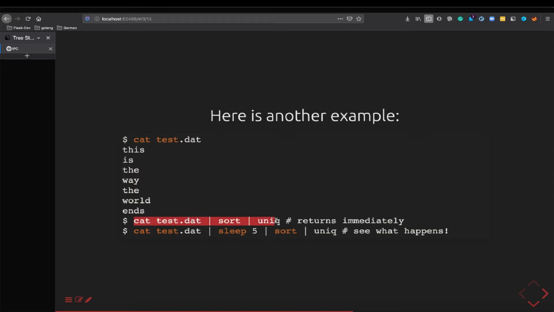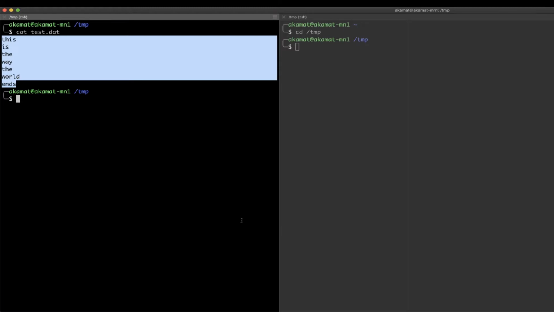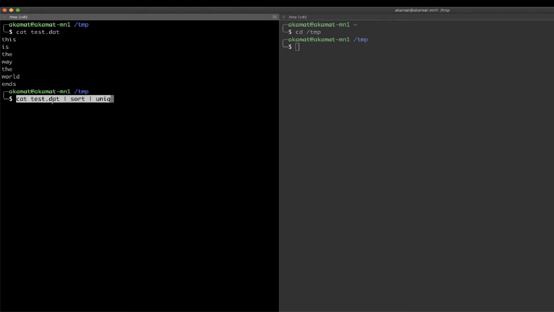So I'm going to run this simple command. It is going to print the contents of test.dat, sort it, and then print only the unique elements. So cat test.dat is going to give an output.